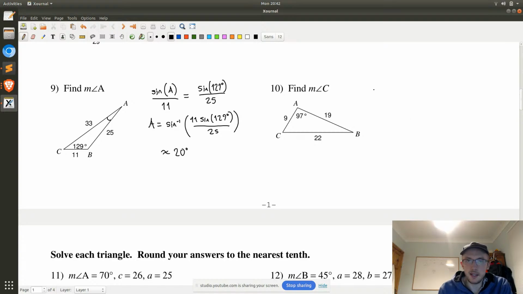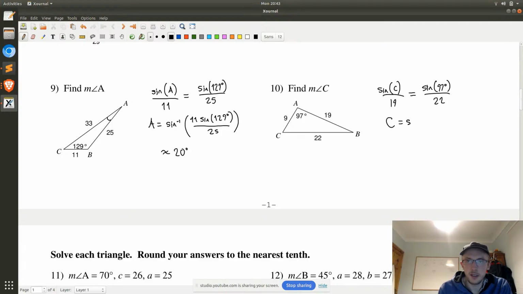And finally, the sides of angle C. Okay, so sine of C over 19 equals sine of 97 degrees over 22.